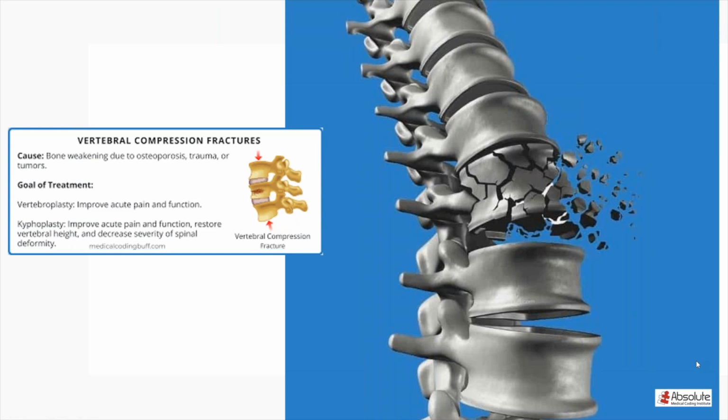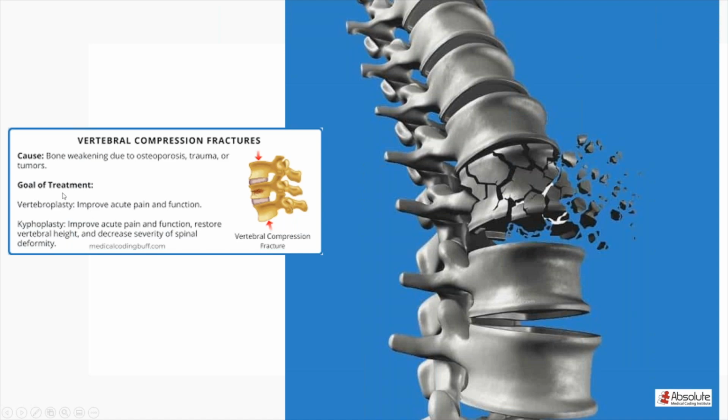So just wanted to give you a visual of what a compression fracture looked like. I tried to get an L2. I don't think it's L2, but work with me. So this is a compression fracture. I'm going to say bone weakening due to osteoporosis because they said it was non-traumatic.